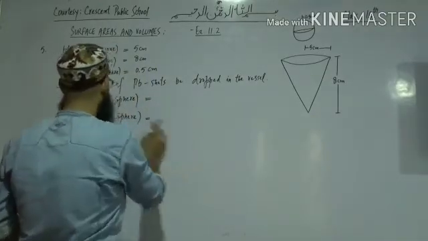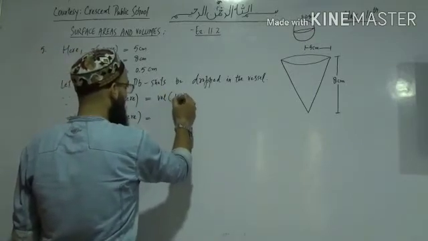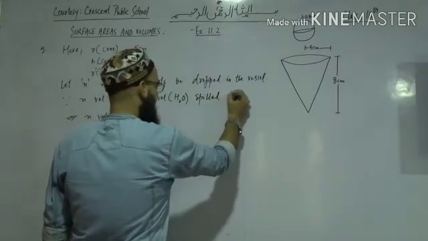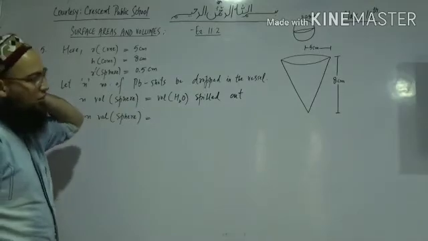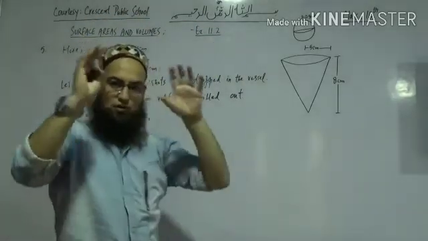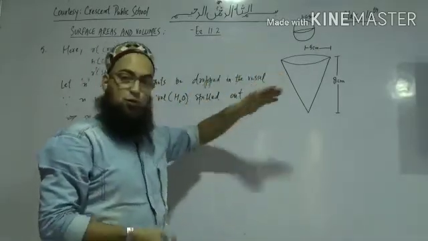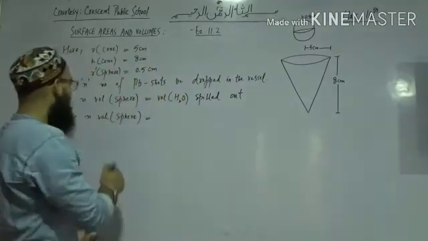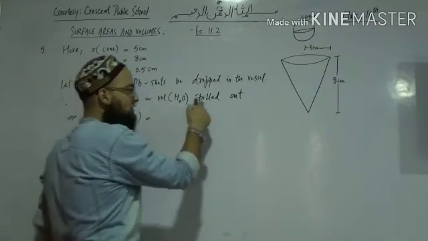Write down like this: n times volume of sphere is equal to volume of water spilled out. Whatever the number of lead shots is, the combined volume of these lead shots will be equal to the volume of water that flows out. That means I can write n times volume of sphere is equal to volume of water spilled out.